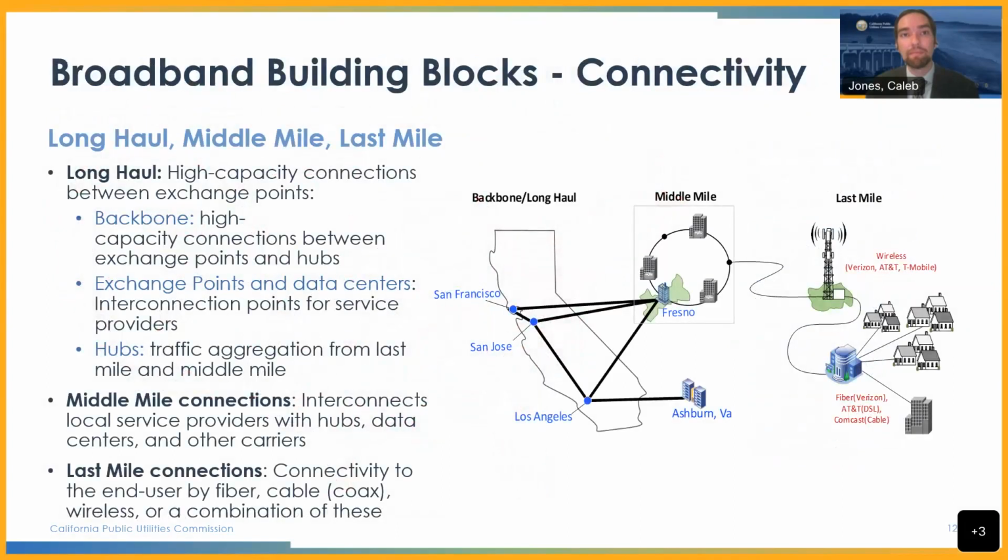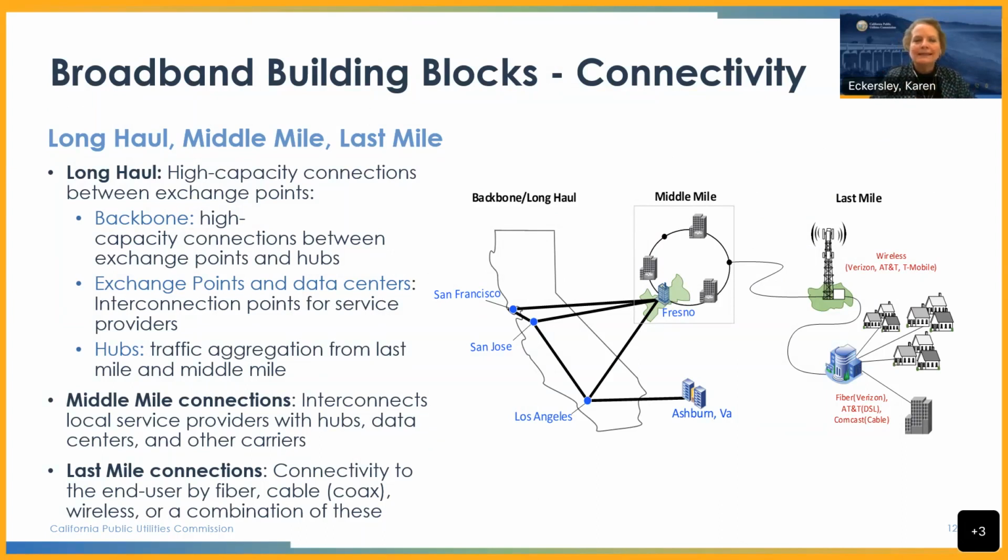This slide discusses the three components of the internet: long haul, middle mile, and last mile. A long haul connection might connect the Bay Area to Los Angeles and then down to Mexico. The middle mile connections are more analogous to US highways, connecting communities to one another within a region.